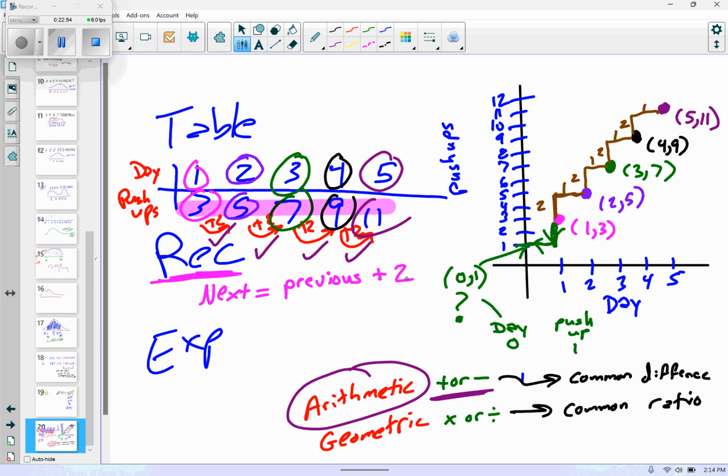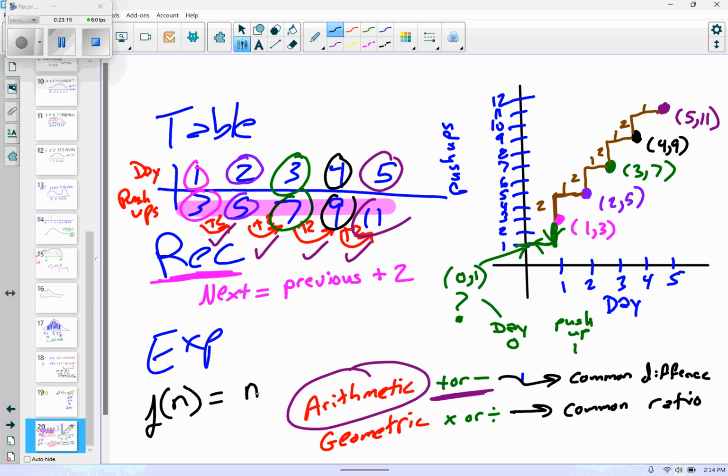So now comes the time when we have to figure out our explicit function. We're going to say f at n. We're going to use f at n somehow. I'm going to try n first.